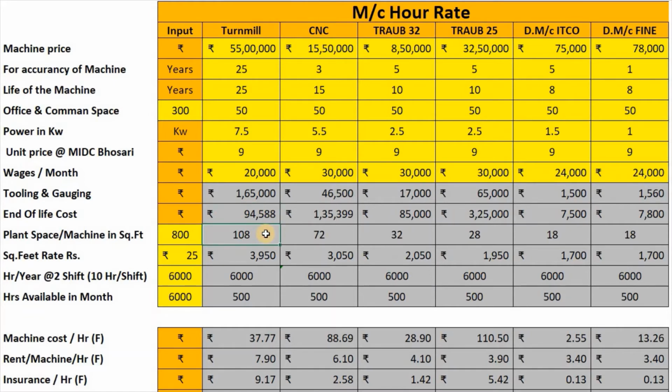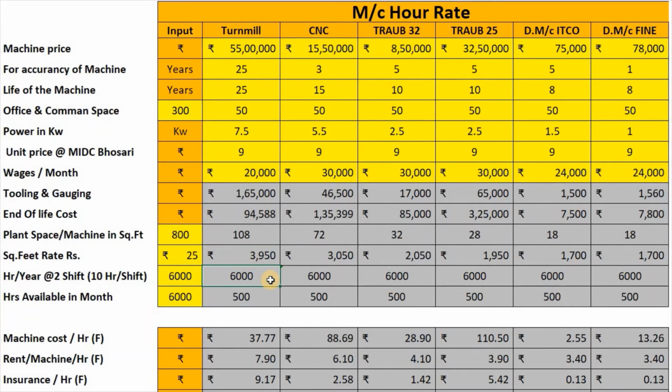Plant space is required for the particular machine, so how many square feet it requires is mentioned here. We have considered 25 rupees per square foot, and for 108 square feet required, it is 3,950.